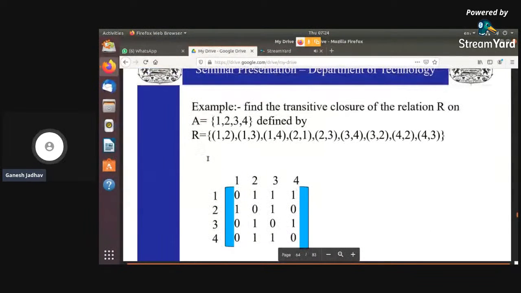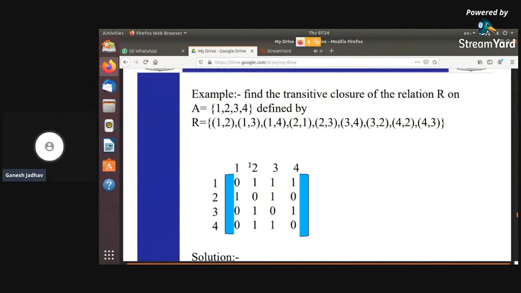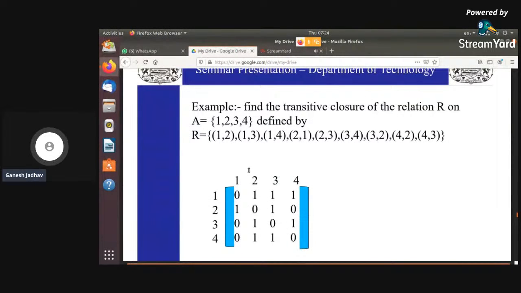Then we move toward another example: find the transitive closure of relation R on A equal to {1, 2, 3, 4} defined by the following. Here they give you the relation: (1,2), (1,3), (1,4), (2,1), (2,3), (3,4), (3,2), (4,2) and (4,3).